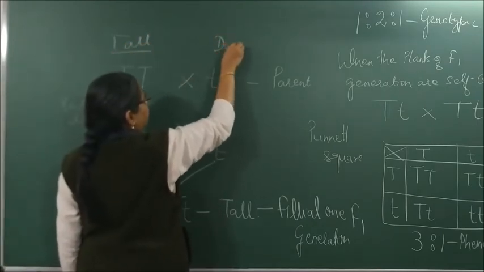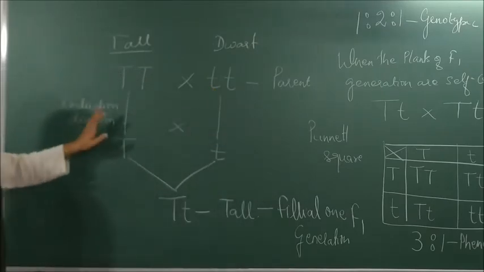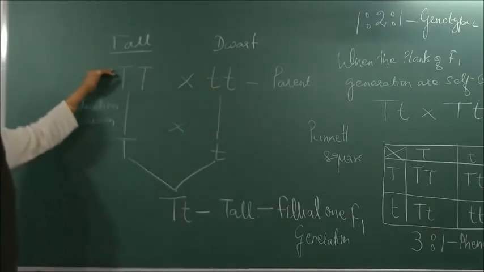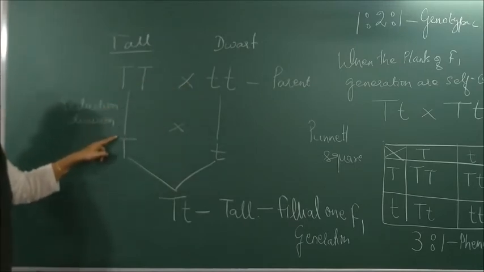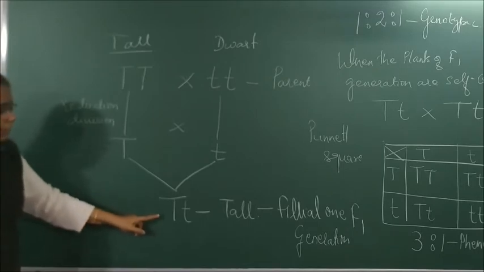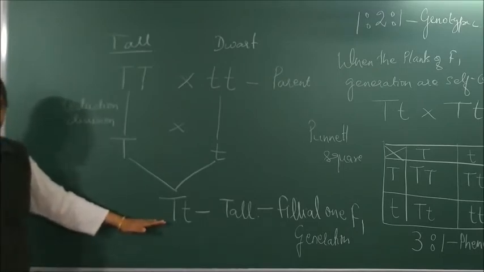Dwarf, and write it here. Reduction division: the pure tall plant with a pure dwarf plant gives gametes during sexual reproduction, the chromosome number gets halved, and you get tall plants in F1 generation. Write up to here.